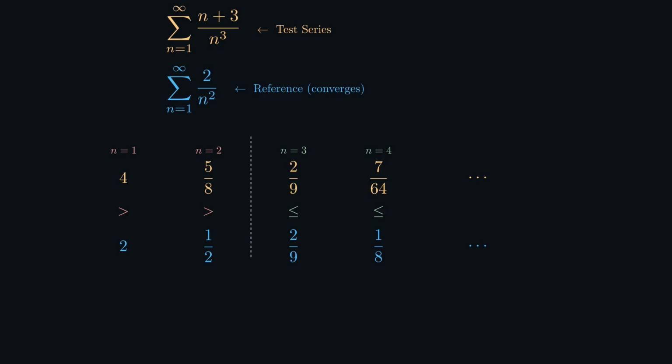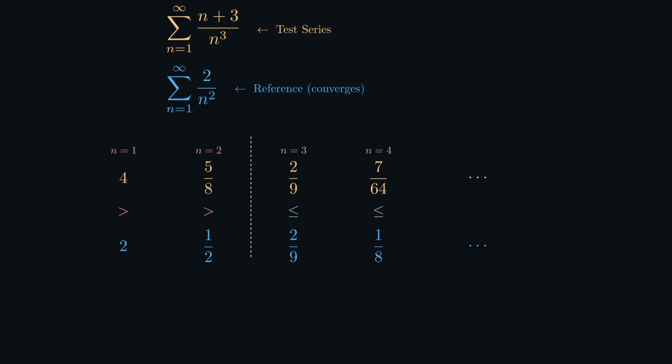But from n equals 2 onwards, as you can see, all of it works perfectly. From n equals 3 onwards, all of it goes directly into the series, and the rest of it works.